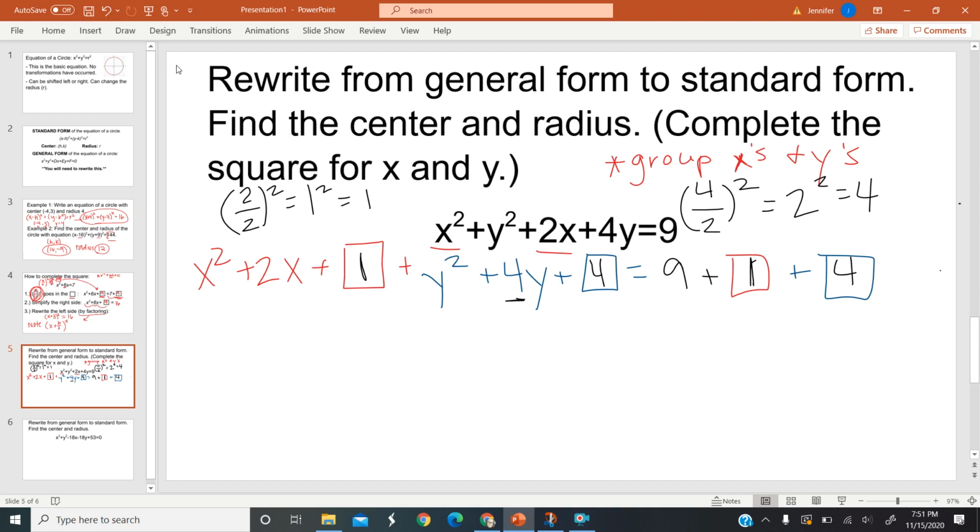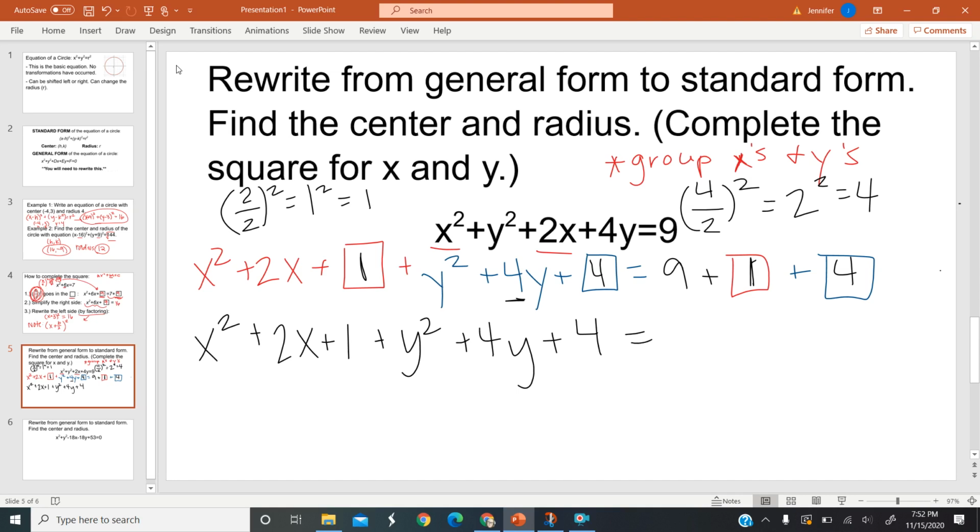And so now I have everything written out like that, and I'm going to go ahead and rewrite my left-hand side because I don't want to do anything to that quite yet. So I would have x squared plus 2x plus 1 plus y squared plus 4y plus 4.